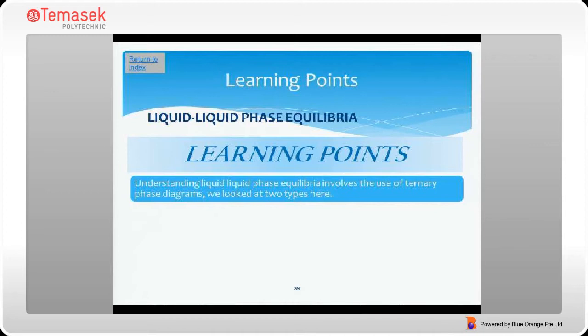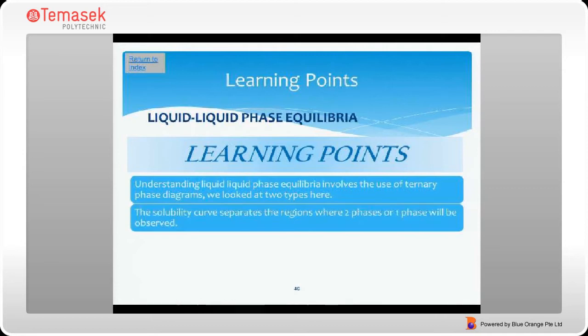Let's review the learning points from this practical. We looked at the 2 types of ternary phase diagrams to understand liquid-liquid phase equilibrium. We say that the solubility curve separates the regions where 2 phases or 1 phase will be observed.